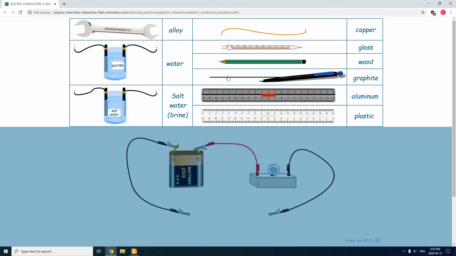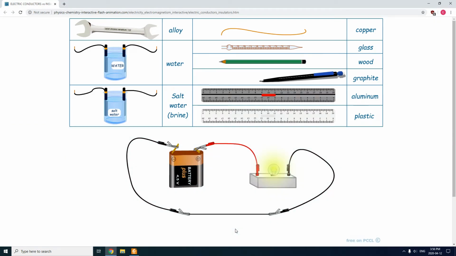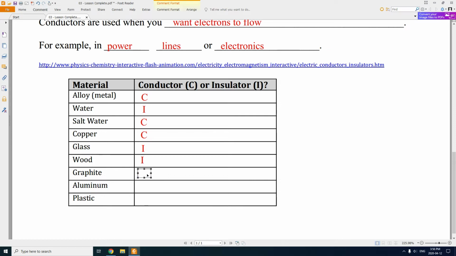Next one, graphite. If you think about a clicky pencil, if you take out one piece of graphite there, stick that in, take a guess, and the light turns on. Okay, graphite is a conductor. If you think about the demo that I did when I split apart the water, we connected that battery up and we put the two different ends of the wires into the water and we split it apart and it made hydrogen and oxygen gas. We captured the hydrogen gas in the test tube and then we lit it on fire.